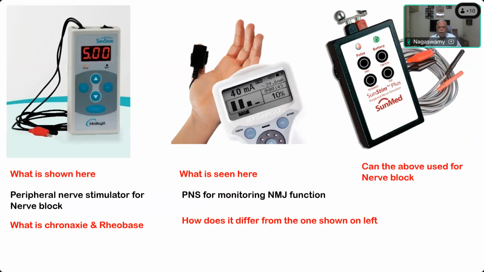This is another type of neuromuscular monitor. Can this be used for nerve block? No, you cannot, because it delivers a very high current. Again, we start only with 10 milliamperes, so you cannot use it. Okay.